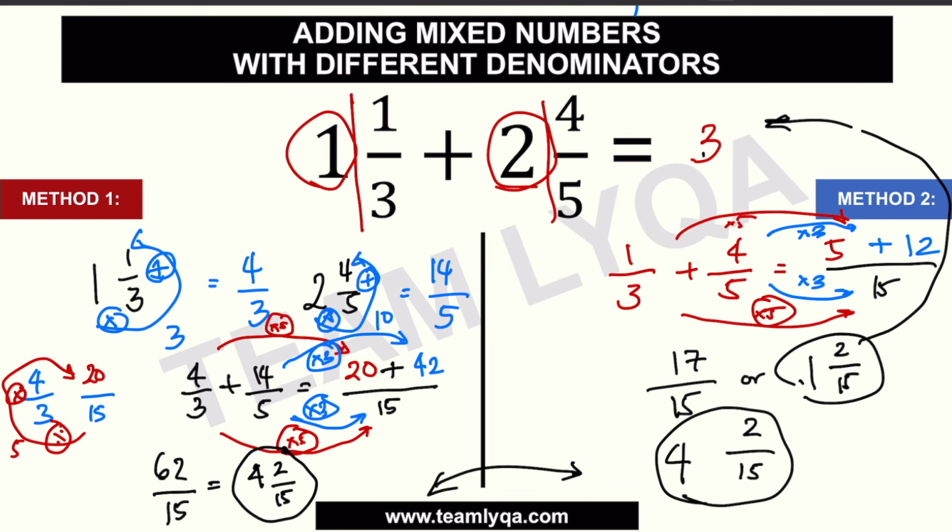Now, another benefit of dealing with just 1/3 plus 4/5 is that I can more easily use the butterfly technique or butterfly method. Now, if you haven't watched our video on the butterfly method, I'll link it above.